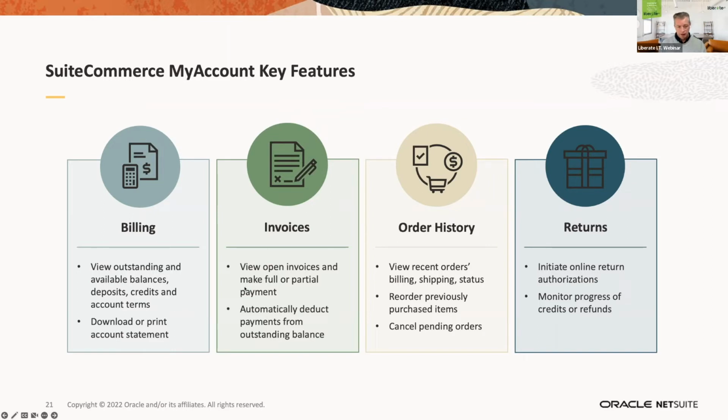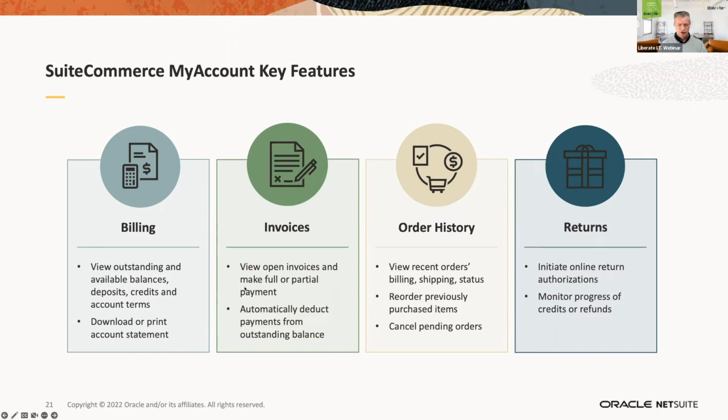And I'm going to be talking a little bit about what you can and can't do in SuiteCommerce MyAccount as we wrap up. But just be aware that, yes, customers will be able to reorder previously ordered items from you within this portal, but it's not a full B2B website like SuiteCommerce or SuiteCommerce Advanced. This is just a portal for your customers to transact with you and get some information from you. So I'll go through what it does and doesn't do in just a second.